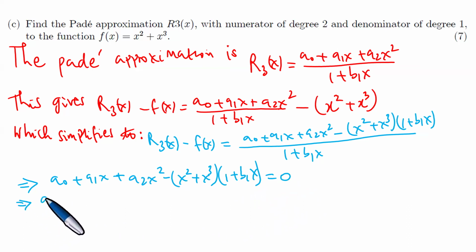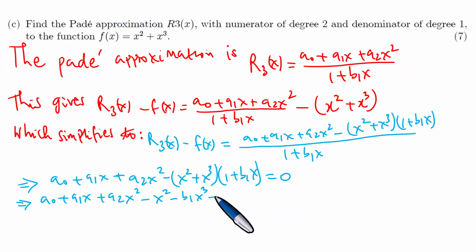Which is what? a1x, a2x². You distribute, you open up the brackets, minus x² minus b1x³. So now, x to the 4th is 0.